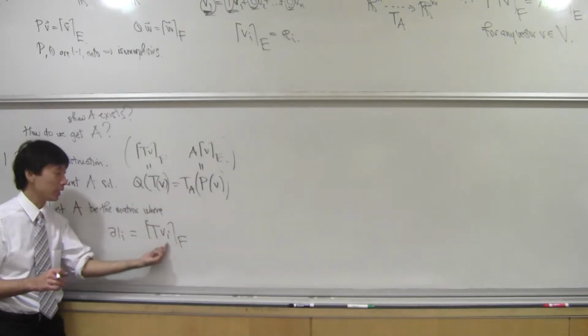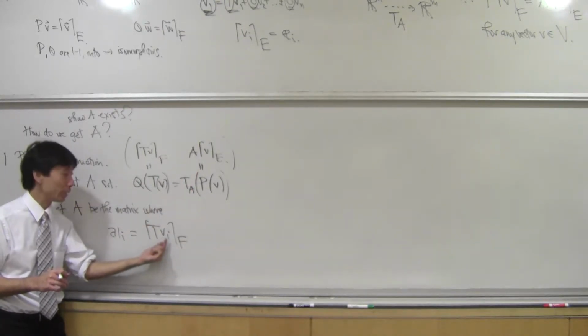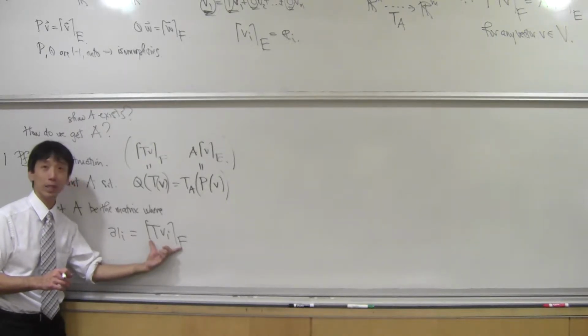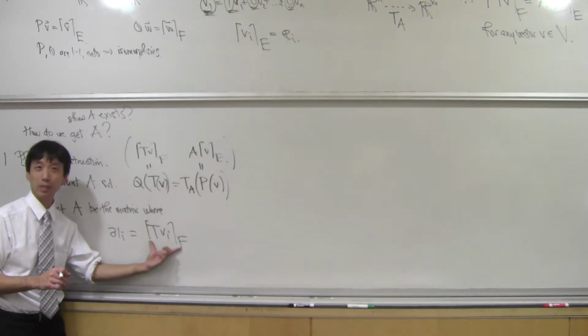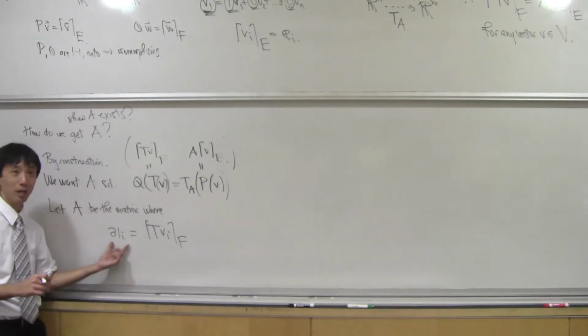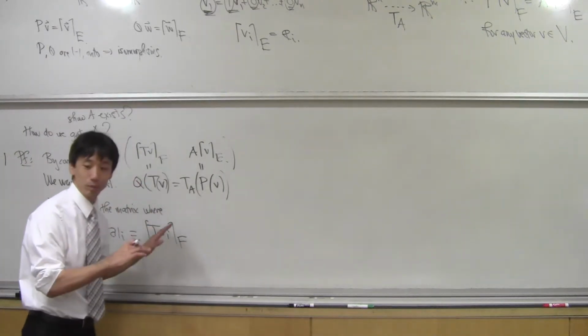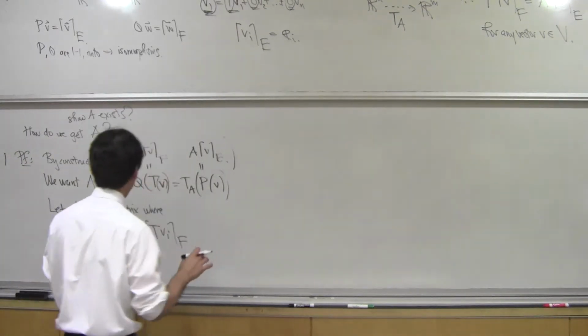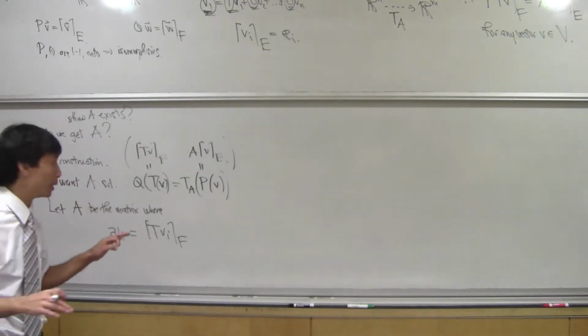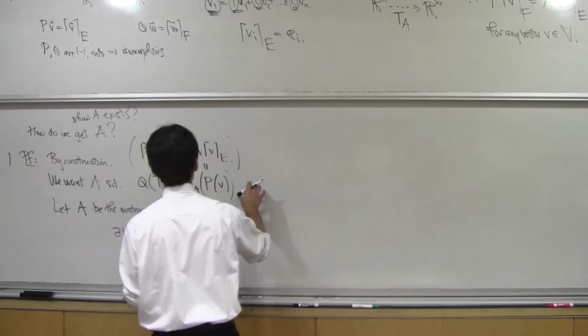Okay, so I take each basis element in the original space, map it over, and take the coordinate vector with respect to the target space's basis. Those are the columns of my matrix. Don't worry, we'll do an example afterwards that will make this perfectly clear.